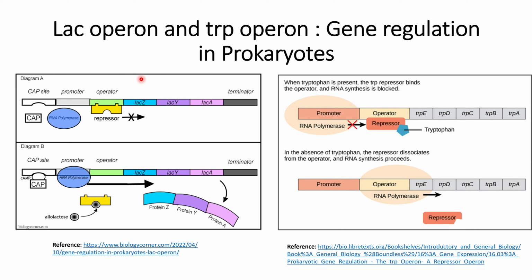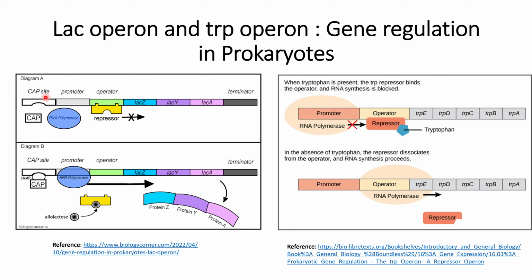However, if there is no glucose present, then it will use these enzymes to decompose the lactose, and these will get triggered when lactose is present within the E. coli bacteria. E. coli bacteria don't need to transcribe these genes when either there is no lactose or glucose is present.